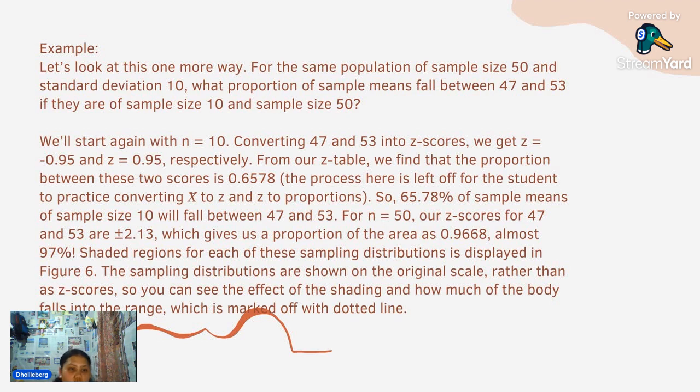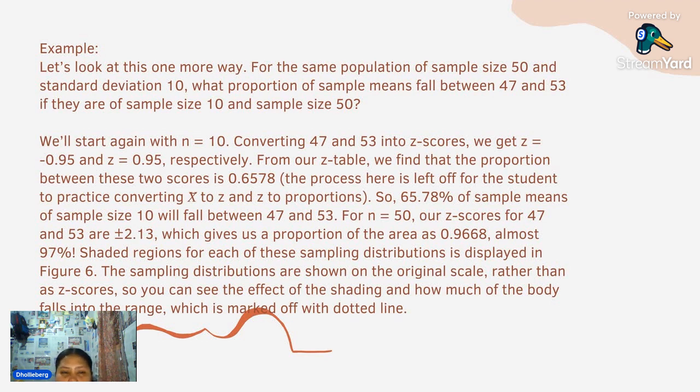For example, let's look at this one more way. For the same population with mean 50 and standard deviation 10, what proportion of sample means fall between 47 and 53 if the sample size is 10 and if the sample size is 50? We'll start again with sample size n equals 10. Converting 47 and 53 into z-scores, we get z equals negative 0.95 and z equals 0.95 respectively.